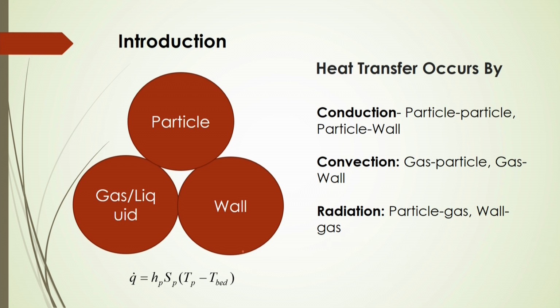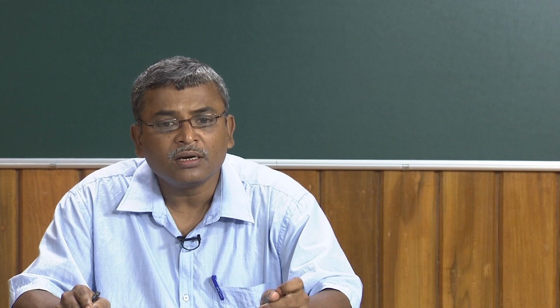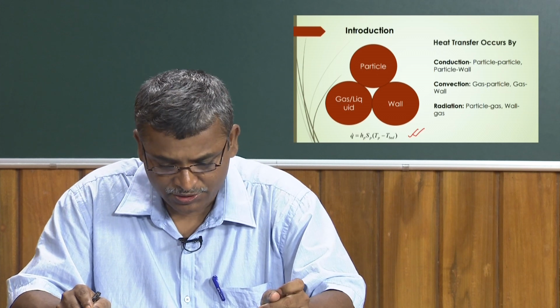Now, what is the amount of heat transferred, what is the rate of heat transfer, can be estimated by this equation here. This will be denoted by Q dot, which means the rate of heat transfer, and hp is the heat transfer coefficient to the particle or from the particle to the medium, and Sp is the surface area of the particle, Tp is the temperature at the particle surface, and Tb is the bed temperature of the fluidized system.